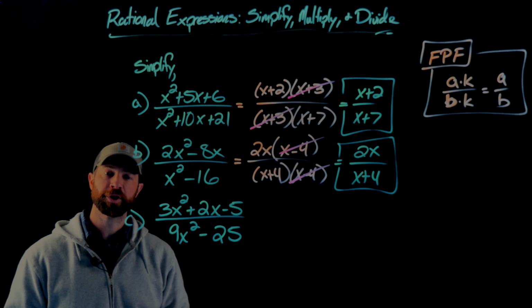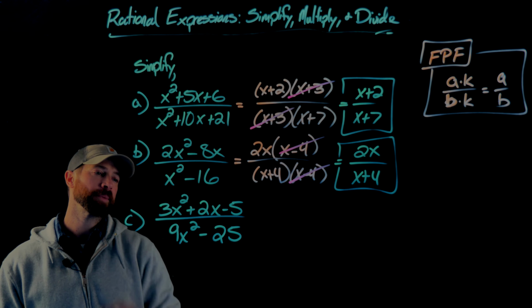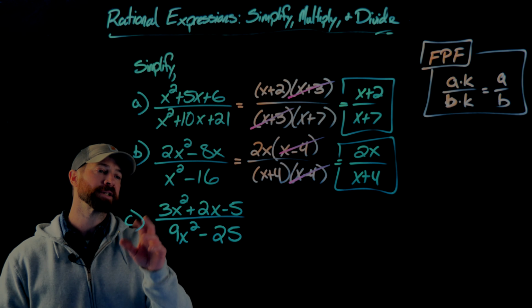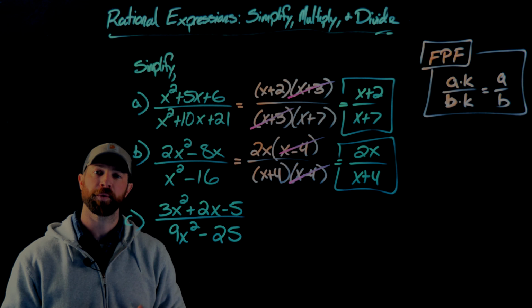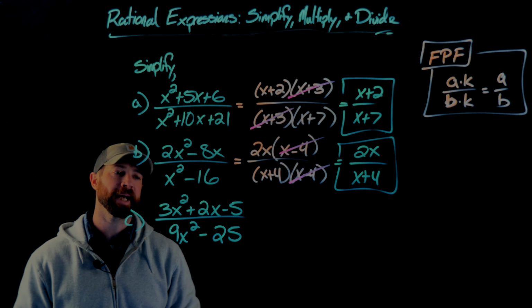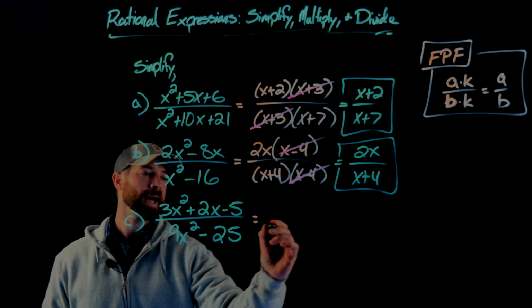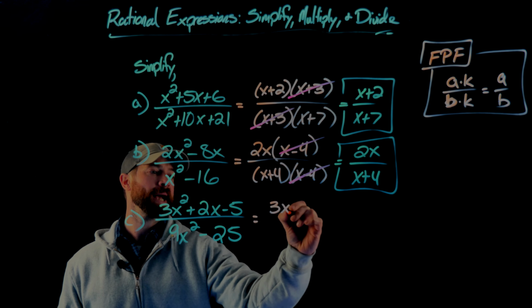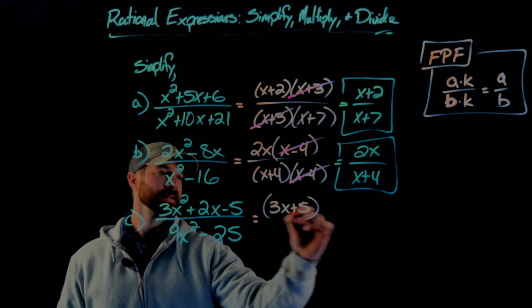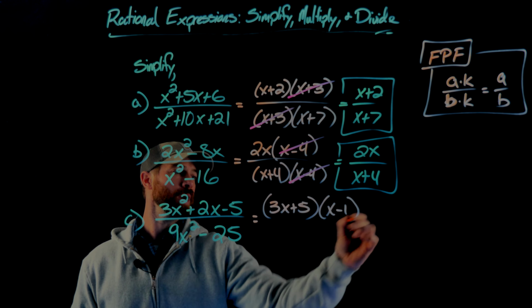Finally, for the third version, I'm now going to factor the numerator and the denominator. The numerator is a quadratic with a lead coefficient of 3. I would use the AC method or guess and check to factor this. That numerator factors into 3x plus 5 times x minus 1.